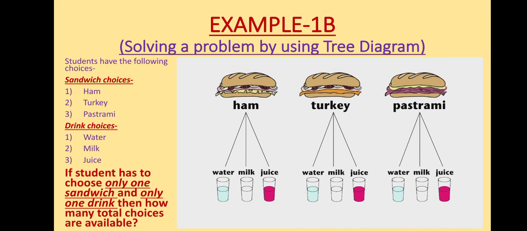So in this way, if you are showing your outcome with the help of a figure, a tree like figure, then it is called a tree diagram. So both of the options, either listing the choices in a systematic way or solving your problem with the help of a tree diagram, you can use.